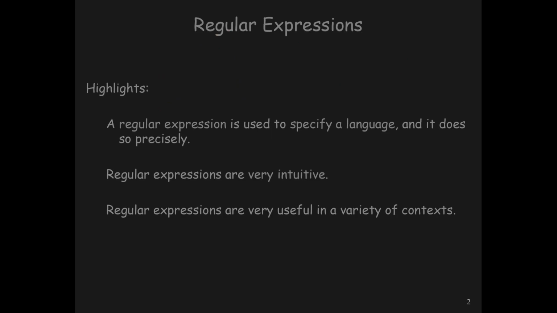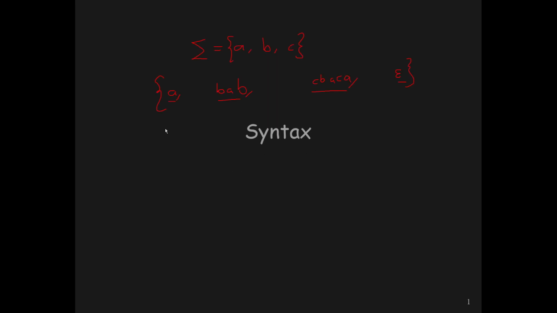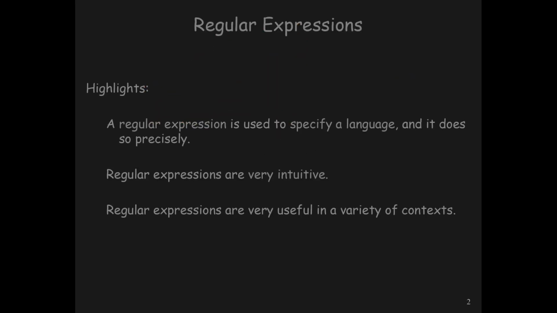Now, there's all sorts of languages, and they're usually classified in what's called the Chomsky hierarchy. And at the lowest level, you have finite languages, such as this one, with a finite number of elements, but you also have regular languages, which can be specified by regular expressions.